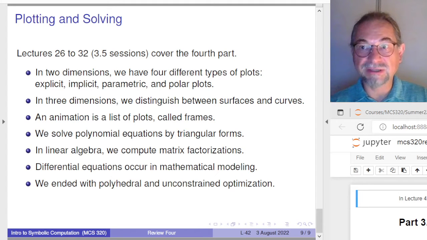So not everything in three variables is a space curve. If you have one equation in three variables, then it defines a surface. So in three dimensions, we have extra complications that the objects that we compute or that we plot have different dimensions.